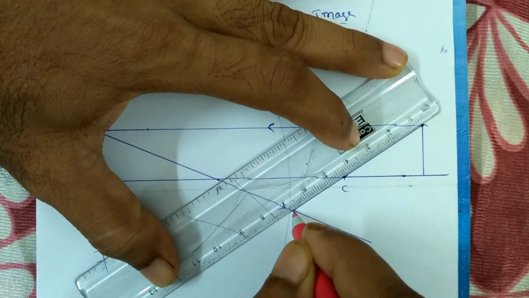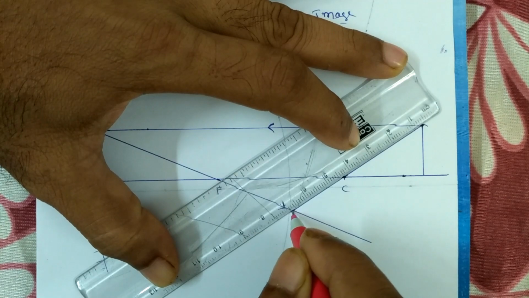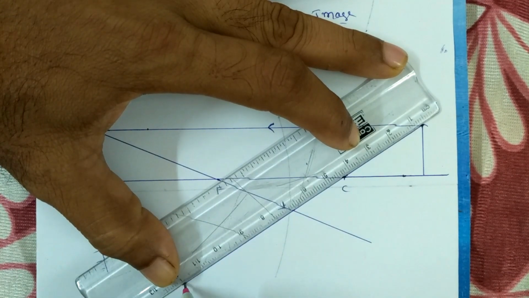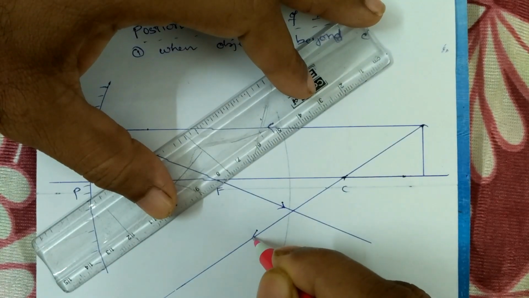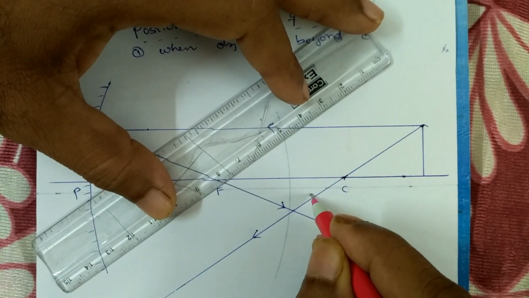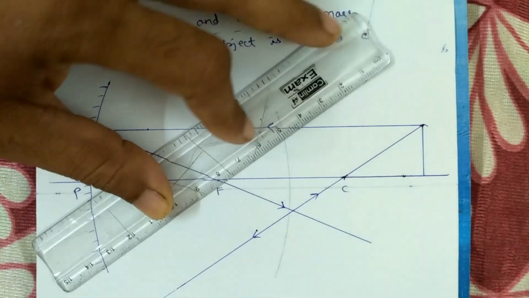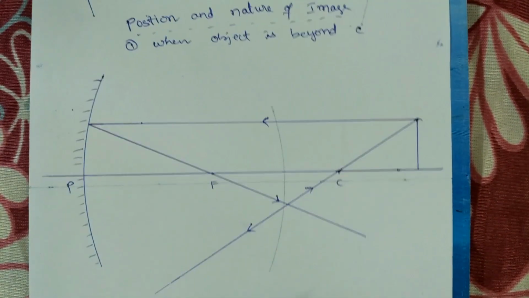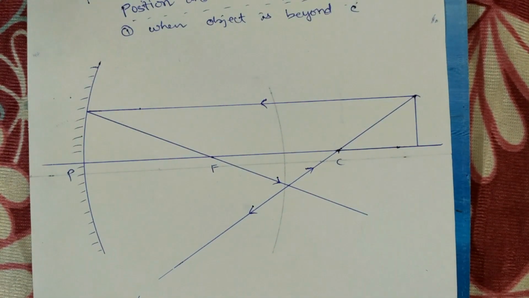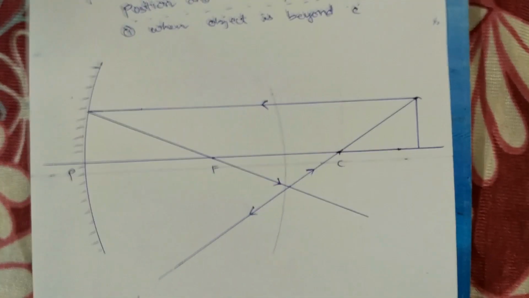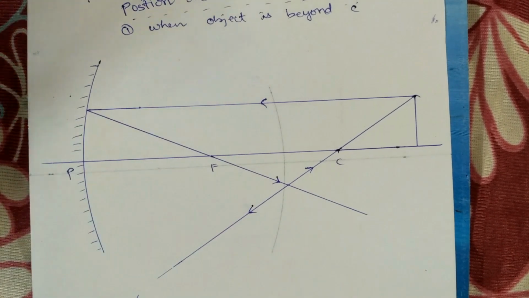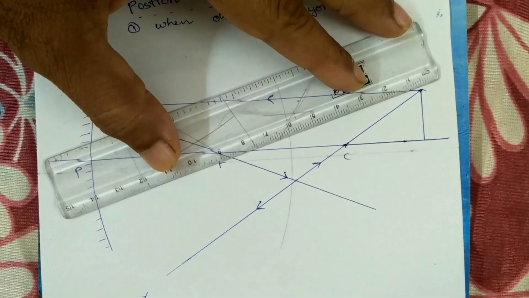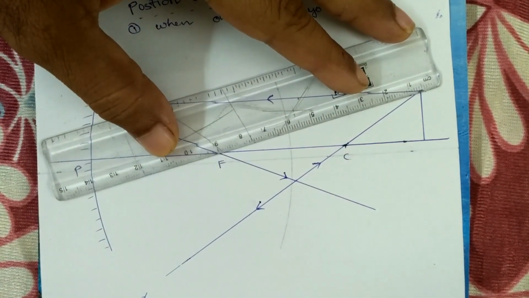A ray passing through C after reflection goes back in the reverse direction. So if this is the incident ray, the reflected ray will be in the opposite direction. If you don't want to draw this, as it is not meeting on the mirror, you take the ray through focus.